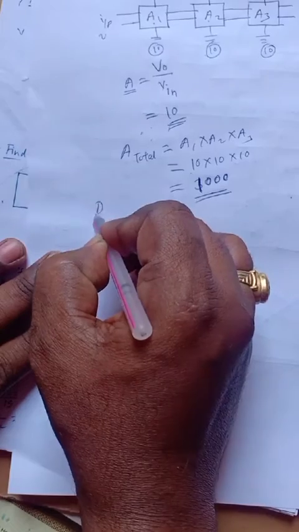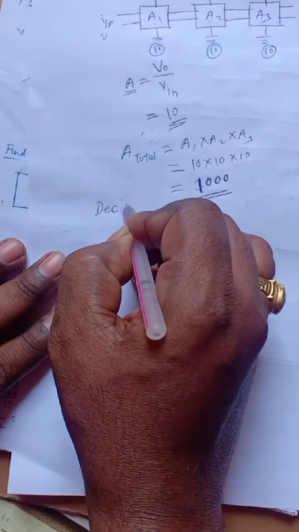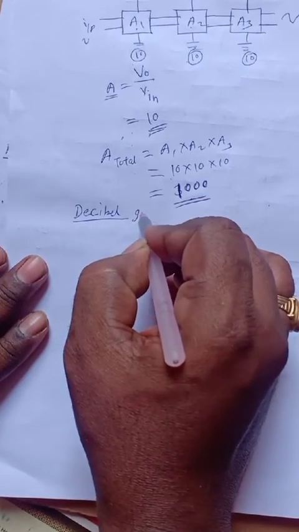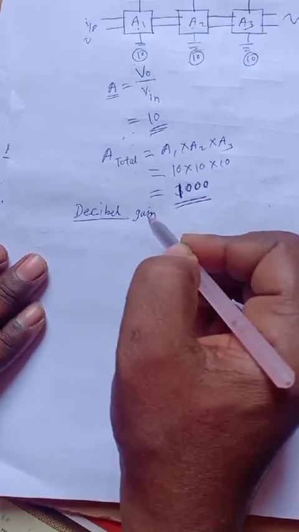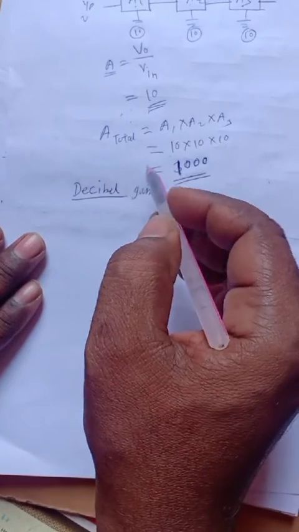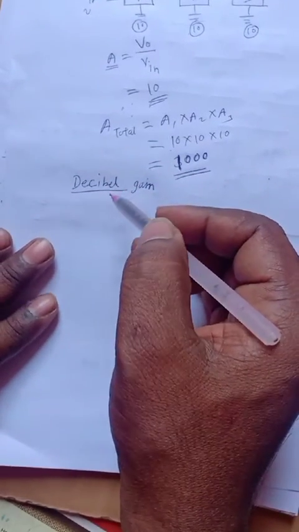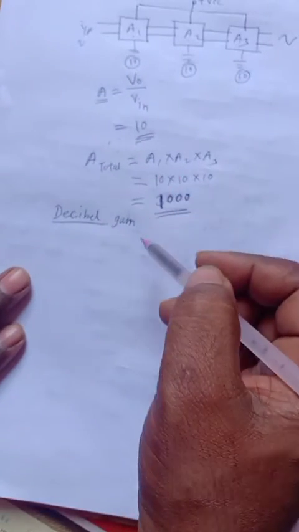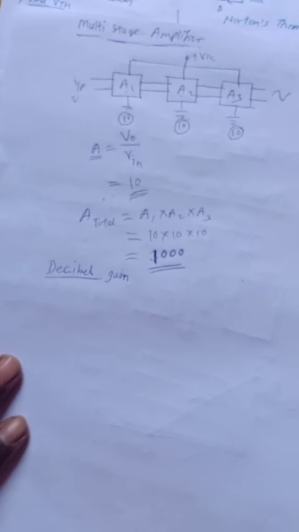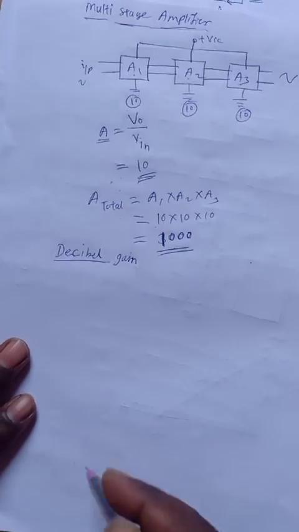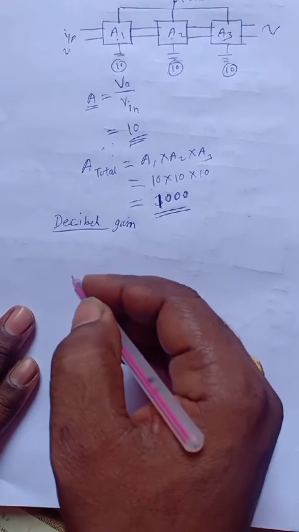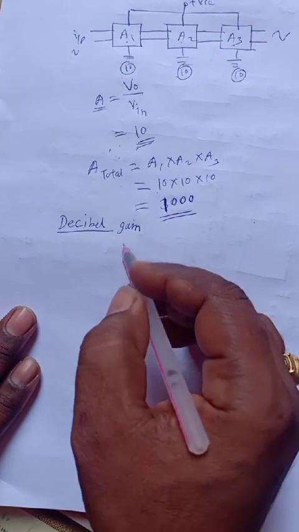Sometimes it is measured in decibel. Decibel is the unit, a logarithmic method to measure gain. If this amplifier is used to amplify an audio signal, then our ear response is logarithmic.